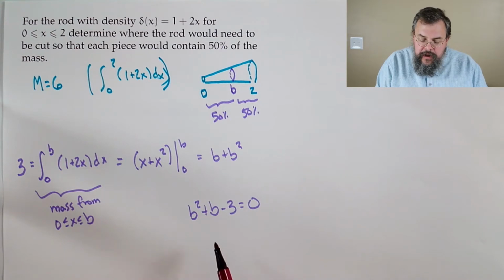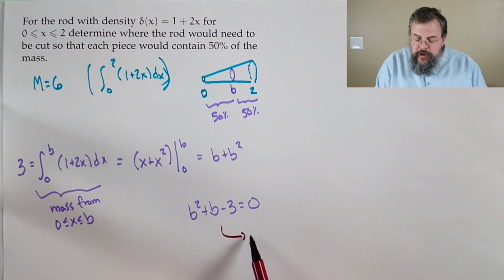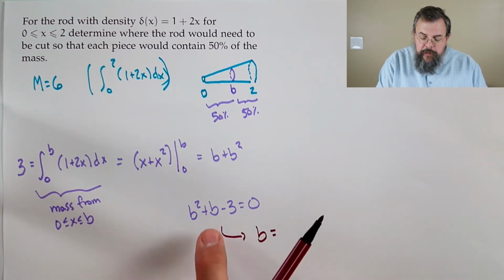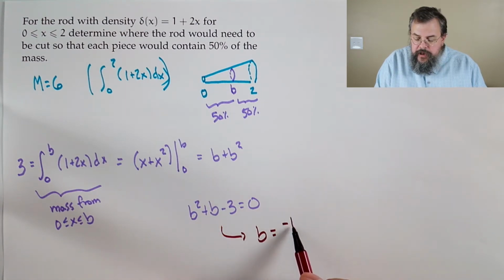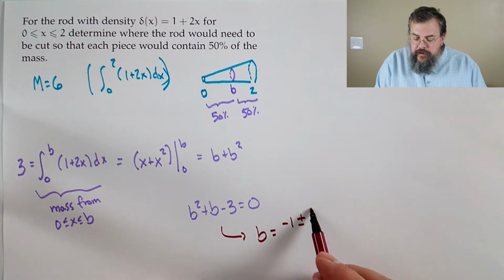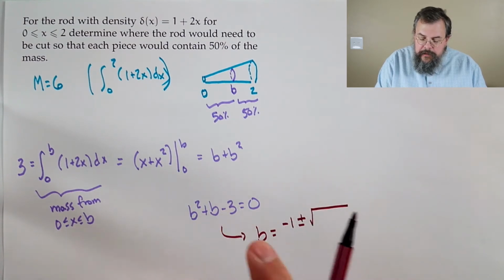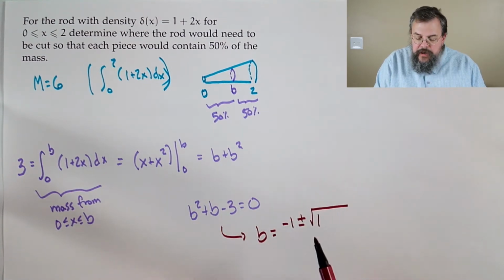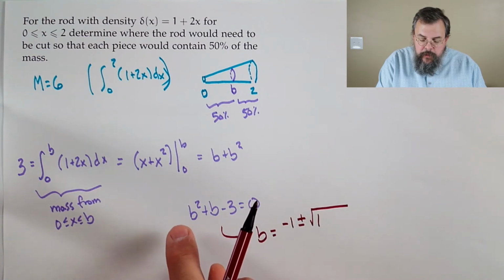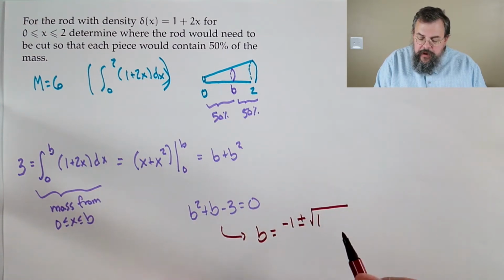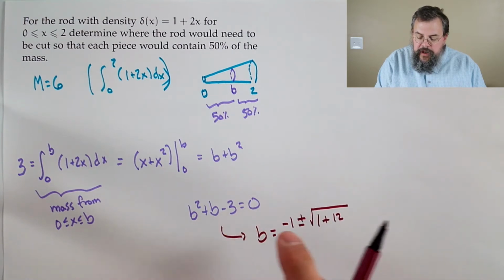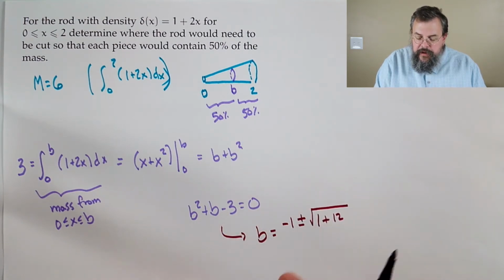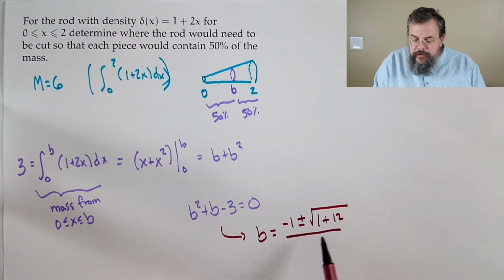Well, it says, if you want the solution, what you do is you take minus the coefficient of that term, so negative 1 plus or minus the square root, and you square that, 1 minus 4 times 1 times negative 3. Well, that'll be plus 12, right? 4 times 3, and the minus makes it, well, normally it would be a minus, becomes a plus. All over 2 times what's in front of there.